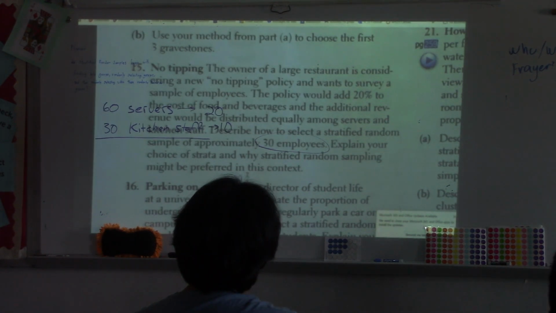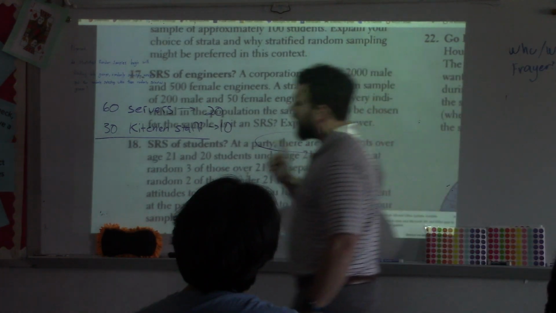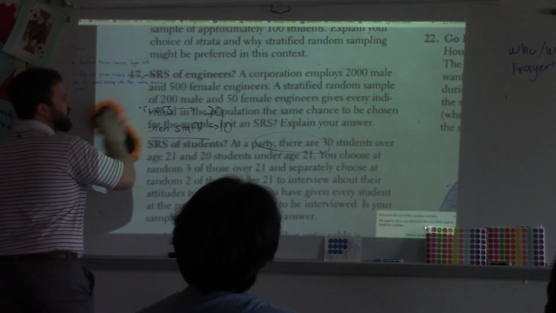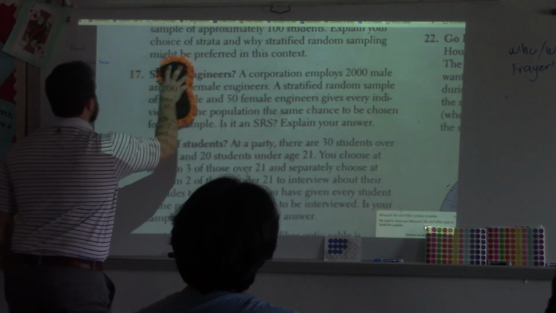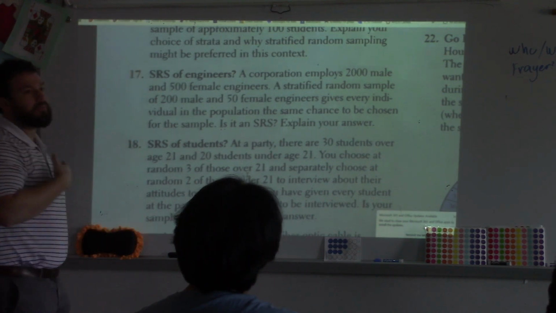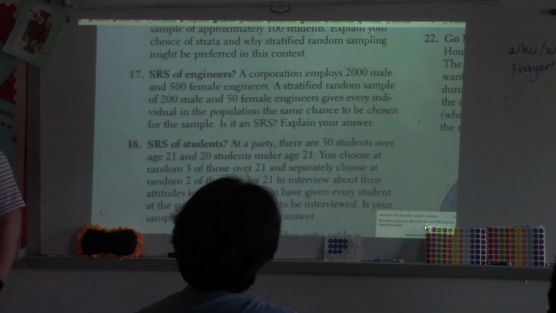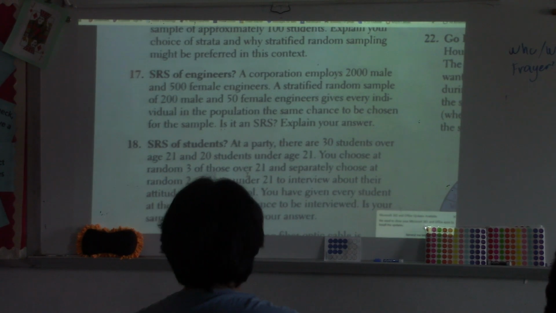I don't know, I'll investigate to see if the AP exam has really clarified or required that ever before, but I would always do it proportional because here's the thing. If you have more servers, then in my opinion they should have a bigger vote on which way the policy goes, right?